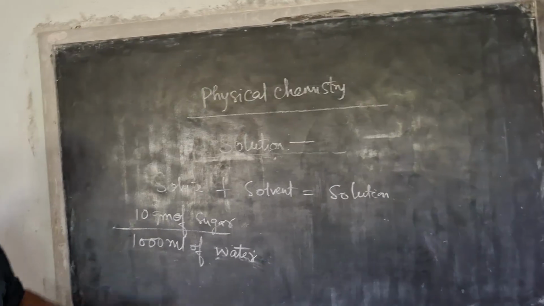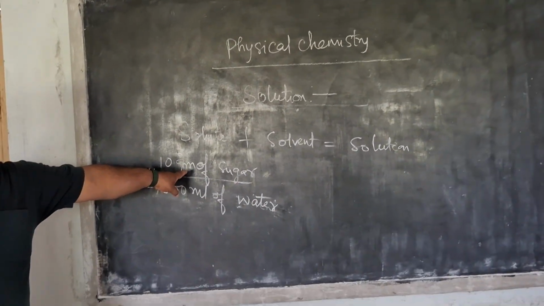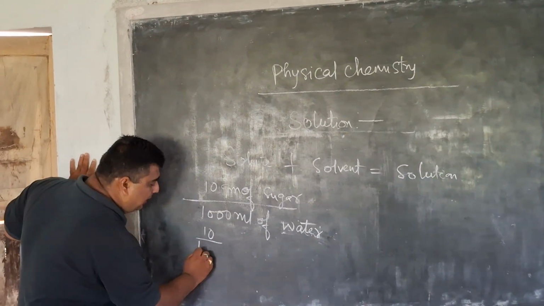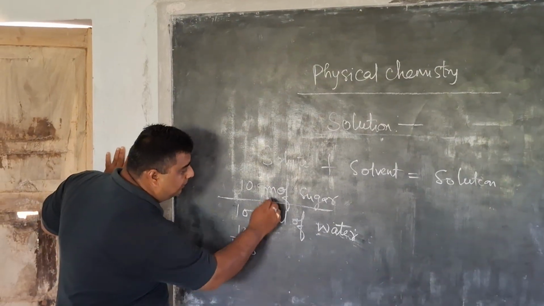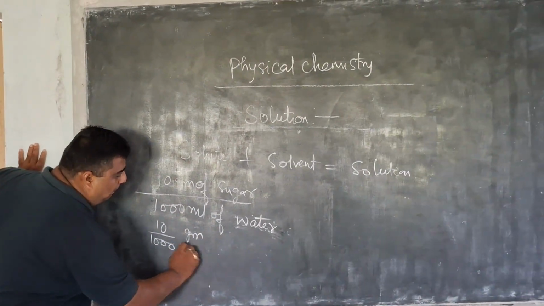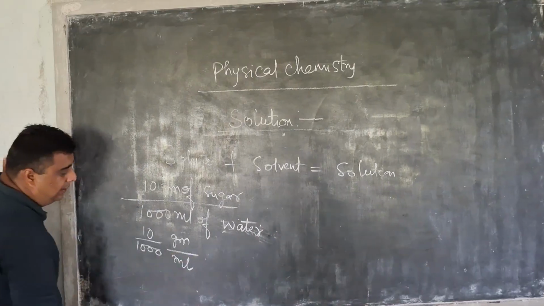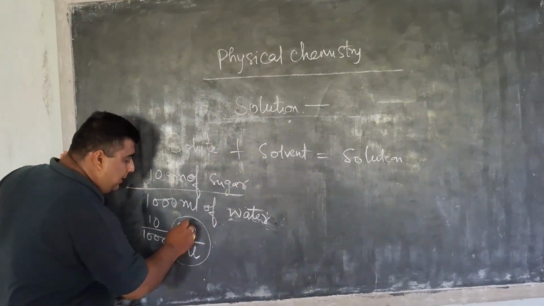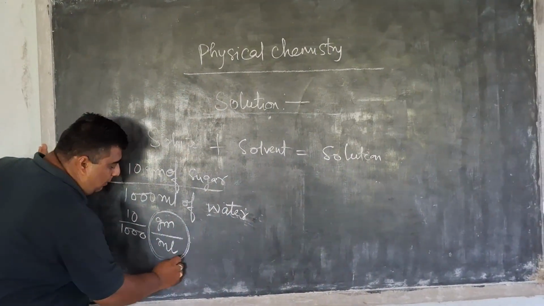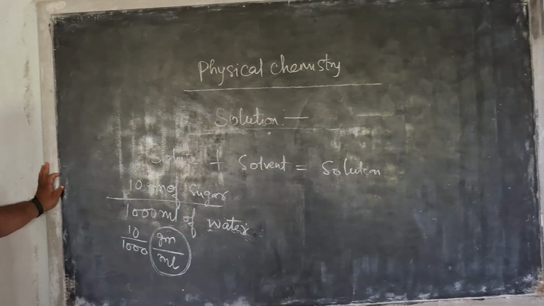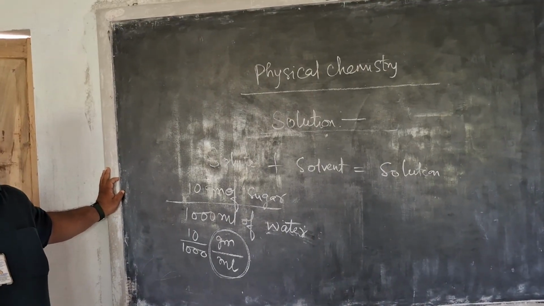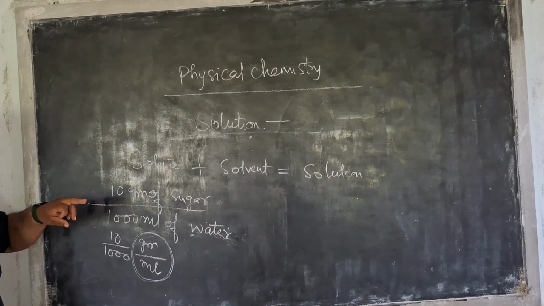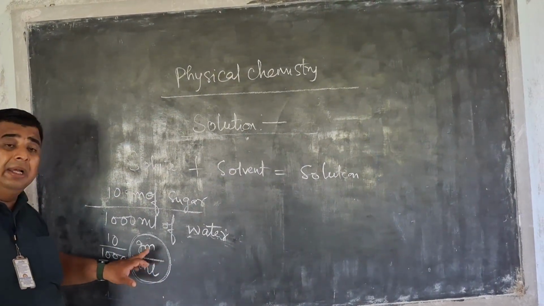So I prepared a solution whose concentration is how much? 10 by 1000 gram per milliliter. This gram per milliliter is generally known as its concentration. So how do you recognize its concentration? The unit for concentration is gram per ml.